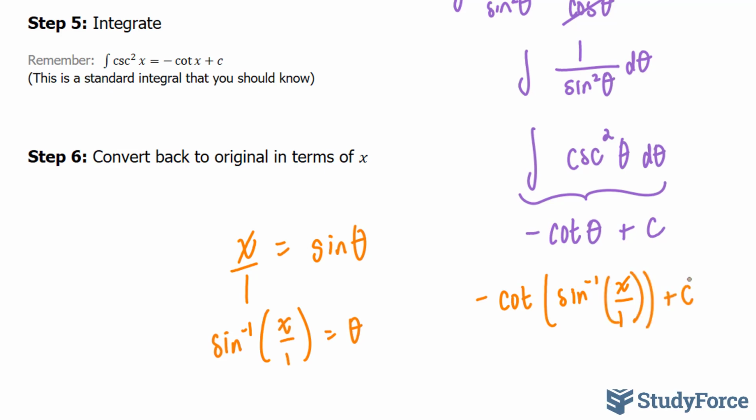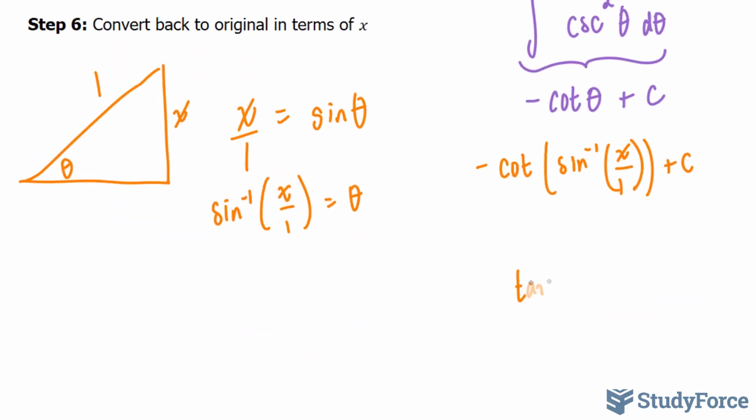However, that doesn't mean we're done, because sine theta is like having a right triangle where this represents opposite and this represents hypotenuse. So if this is your reference angle, and this is your opposite, and your hypotenuse is 1, then if we're using cotangent for this angle, remember cotangent is the reciprocal function for tangent, right?